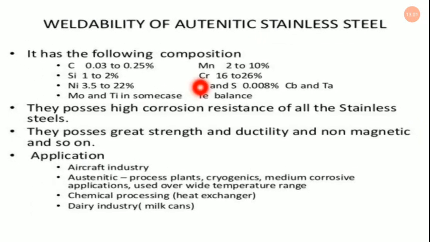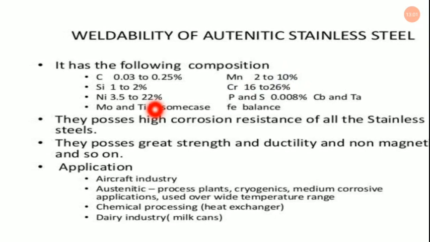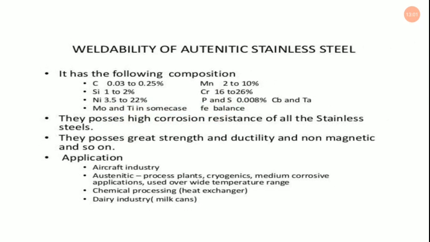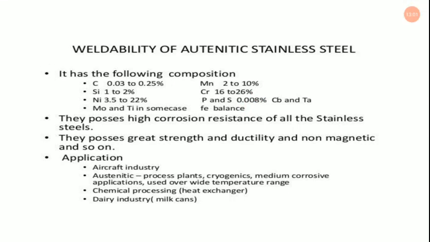Now, weldability of austenitic stainless steel. It has the following composition: carbon 0.03 to 0.25%, manganese 2 to 10%, silicon 1 to 2%, chromium 16 to 26%, nickel 3.5 to 22%, phosphorus and sulfur 0.08%, and in some cases molybdenum and titanium, with iron as the balance.